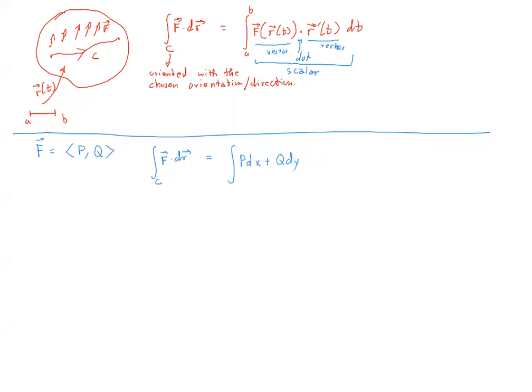This is a very unusual notation that we have in this case. And obviously, if you have a 3D vector field, you will have one more component.